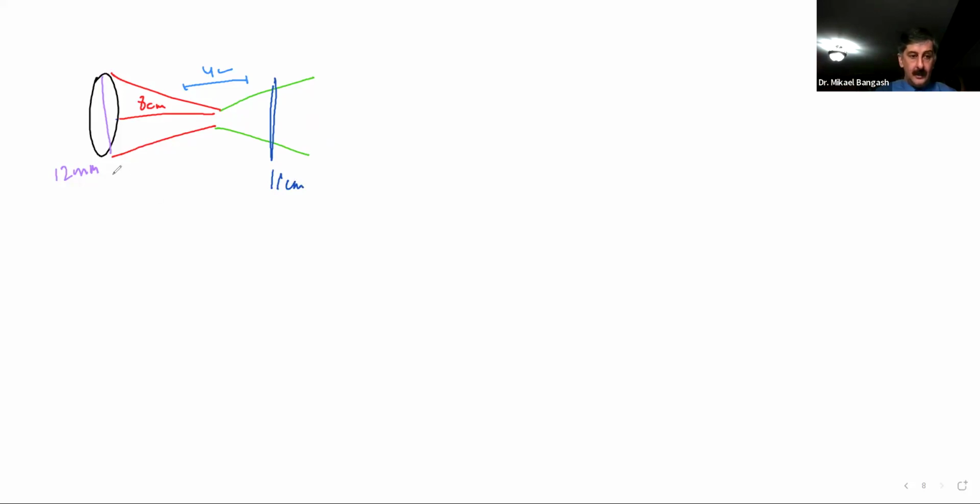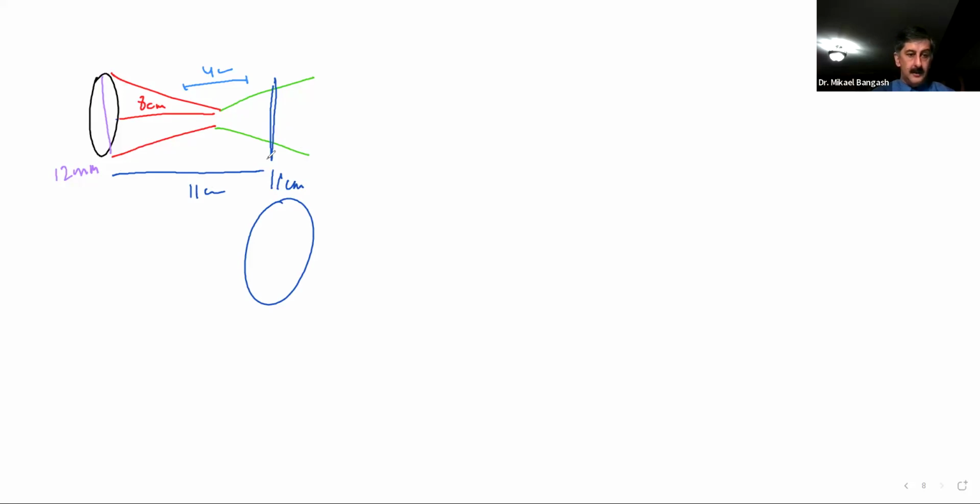So you can say this distance maybe is at a depth of 11 centimeters. Did that make sense? So what they're asking is, at what part or what distance of the beam will it have the same diameter that it has at this depth here of 11 centimeters?